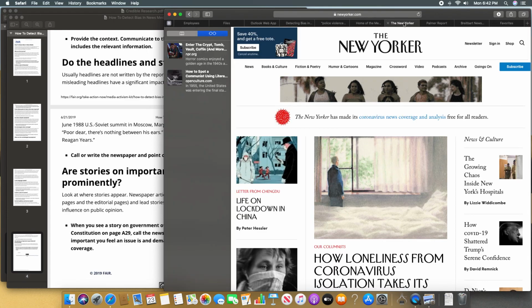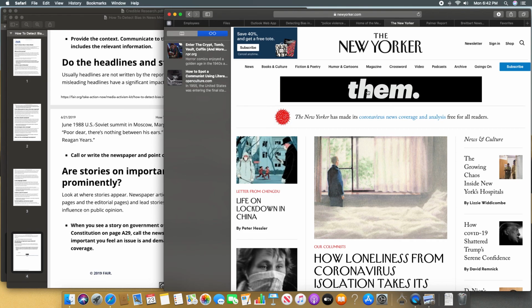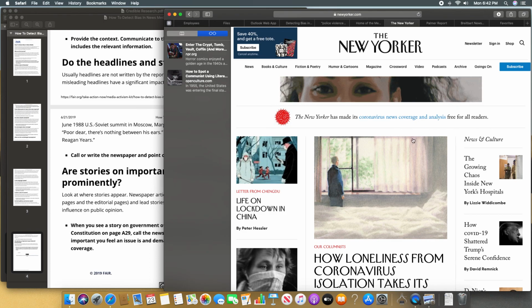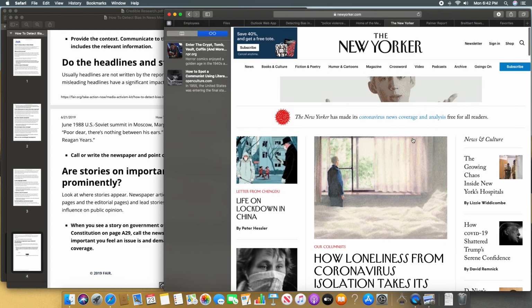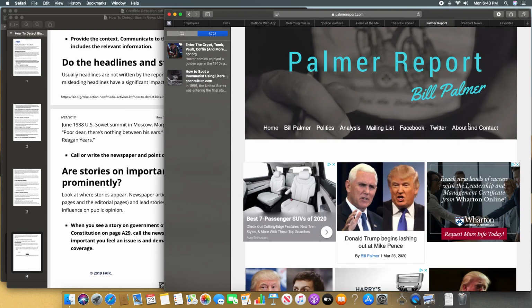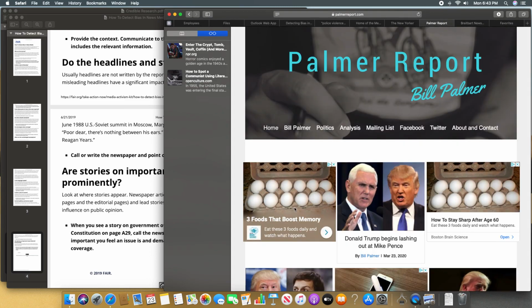Go back to the New Yorker. We've got an ad for their subscription, and an ad up here, but Condé Nast is the publisher of the New Yorker. No other ads above the fold, though. Versus here, "3 foods that boost memory, how to stay sharp after age." So this is clickbait stuff.